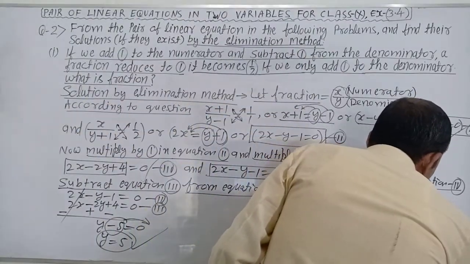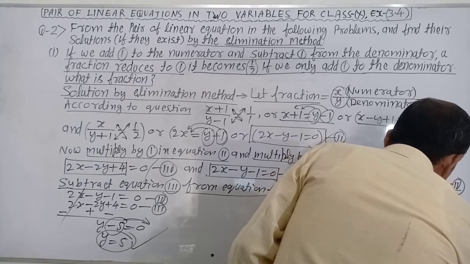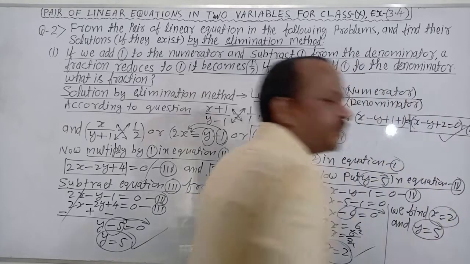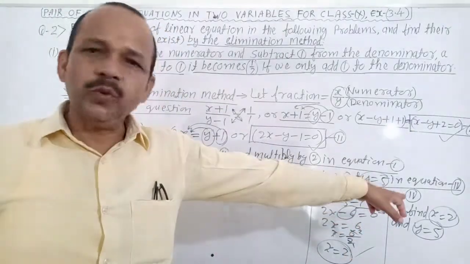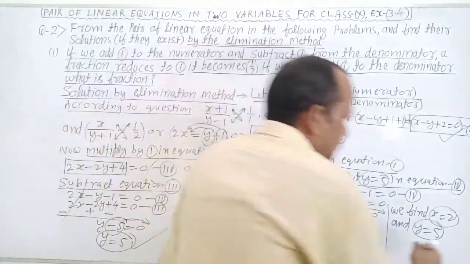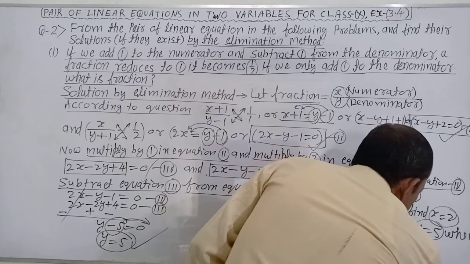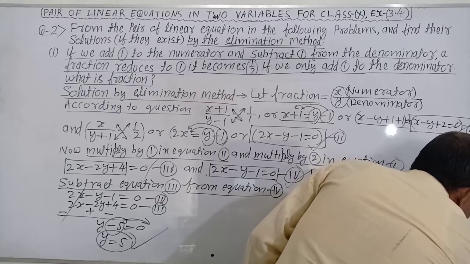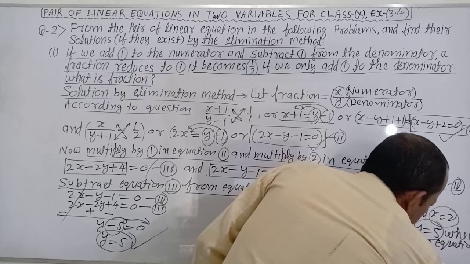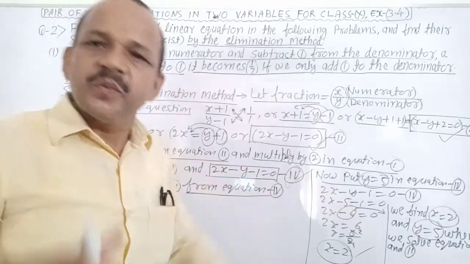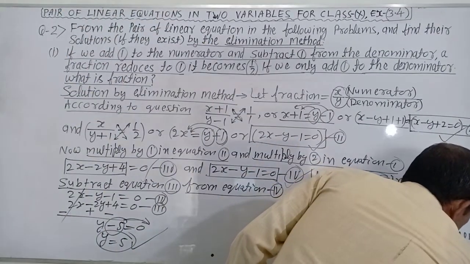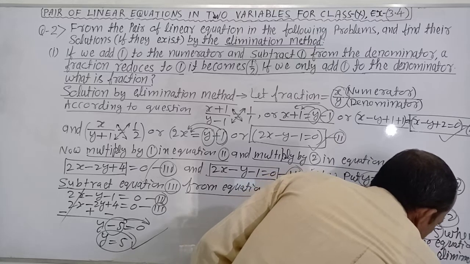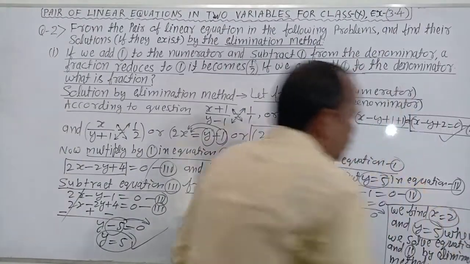When we solve equation first and second by the elimination method, we find x equal to 2 and y equal to 5. It is clear? No confusion about it?